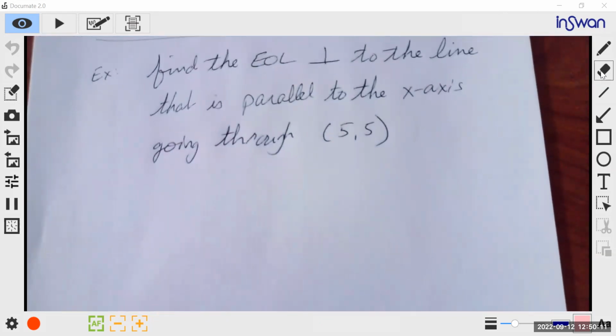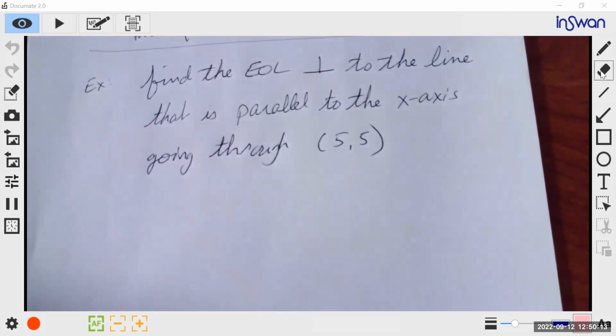See the point there. Find the equation of the line perpendicular to the line that is parallel to the x-axis going through the point 5, 5.